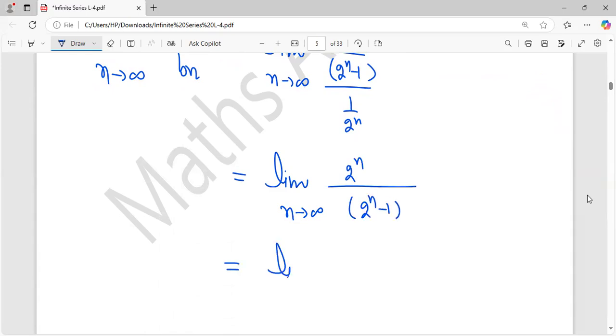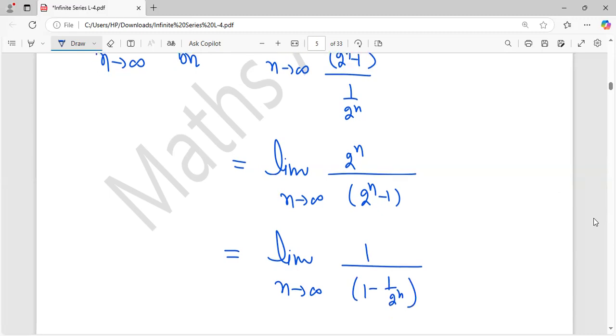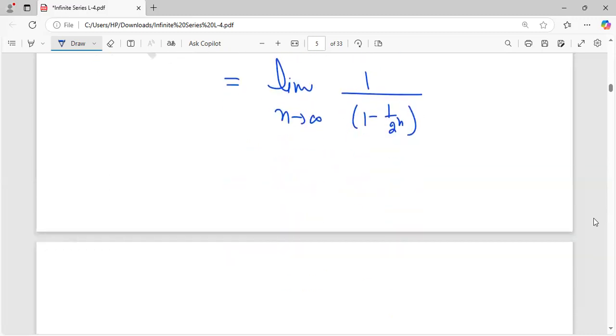How to write this? The limit as n tends to infinity of 1 upon 1 minus 2 to the power minus n. So what is the limit? This is 1 upon 1 minus 0, that is 1. That is non-zero, and 1 is a finite number.